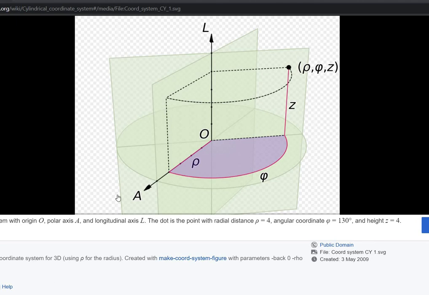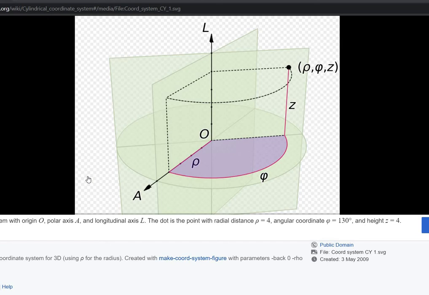Hi everyone. Today we are going to deal with the cylindrical coordinate and spherical coordinate systems. In a three-dimensional coordinate system, we have three types of coordinate representation of a point.